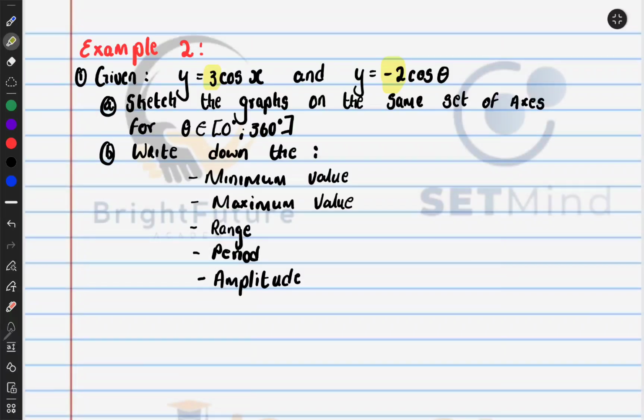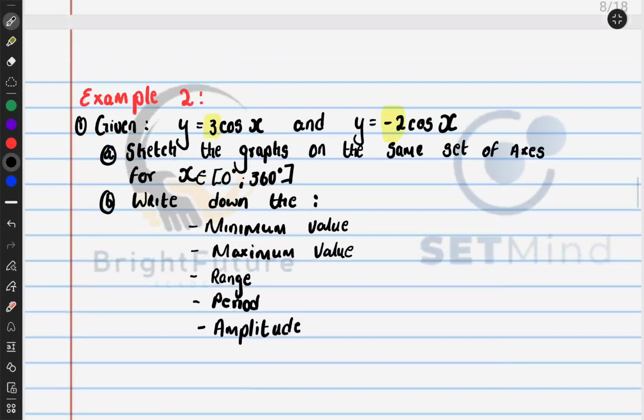Sketch the graphs on the same set of axes for x, an element from 0 to 360 degrees. Write down the minimum value, maximum value, the range, the period, and the amplitude.